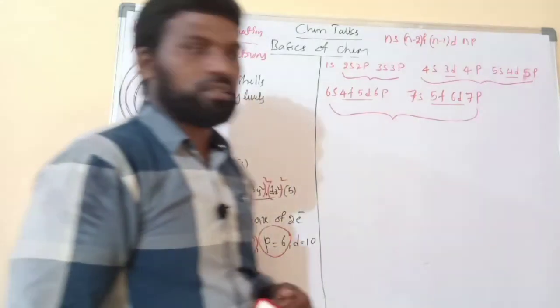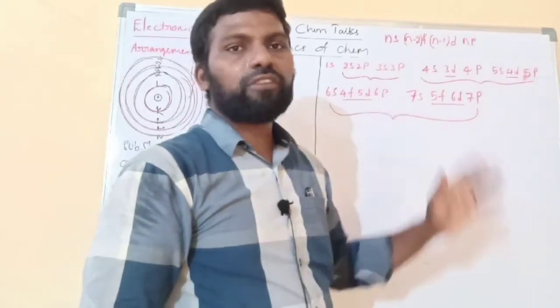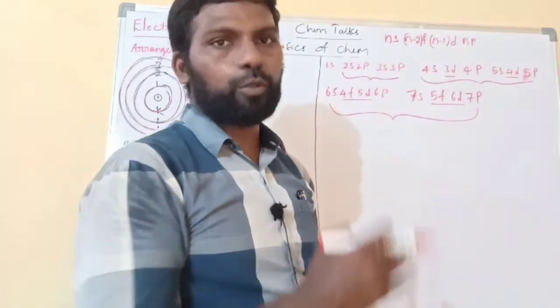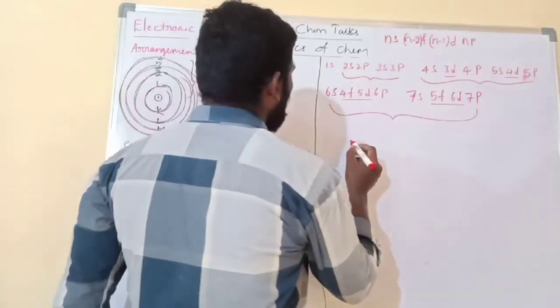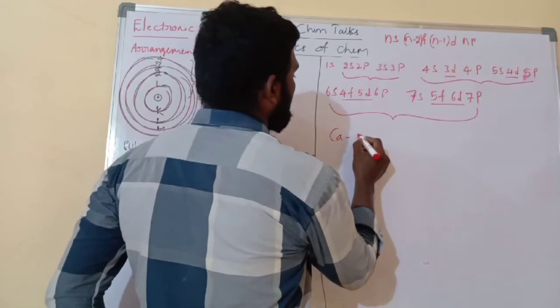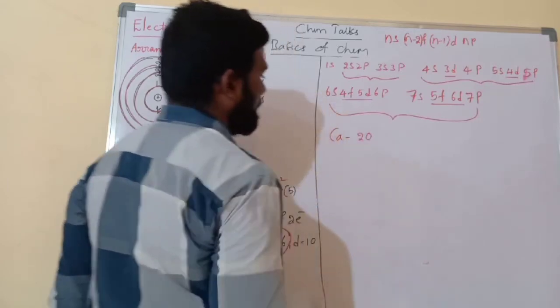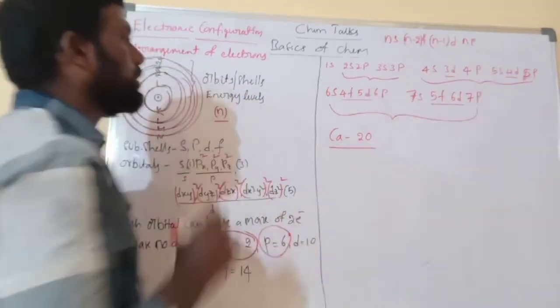Now let us check, we'll practice a few elements. Later I will write the electronic configurations of elements up to 30. Say, for example, if you want to write the electronic configuration of calcium, whose atomic number is 20. Calcium, atomic number 20, means it has 20 electrons.